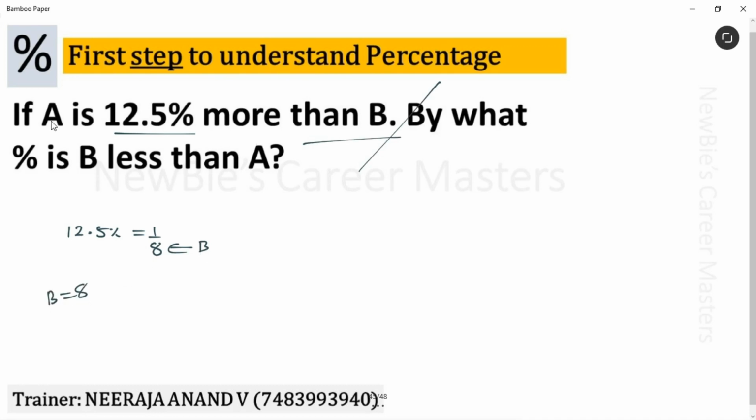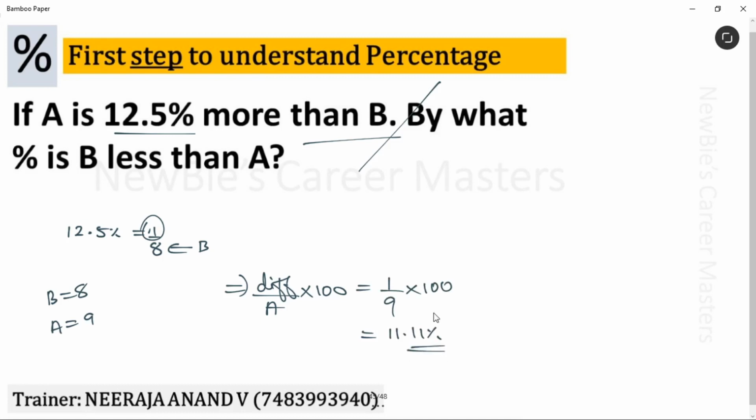After this, check whether A is more than B or less than B. A is more than B. How much? 1. So A value should be 9. Then by what percent is B less than A? Formula is difference divided by A into 100, which is 1 by 9 into 100. Answer is 11.11 percent. The second method is the easier method, right?